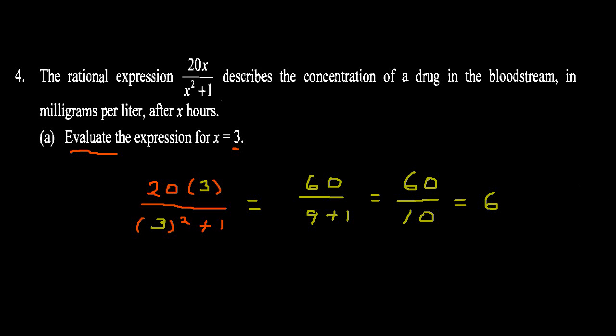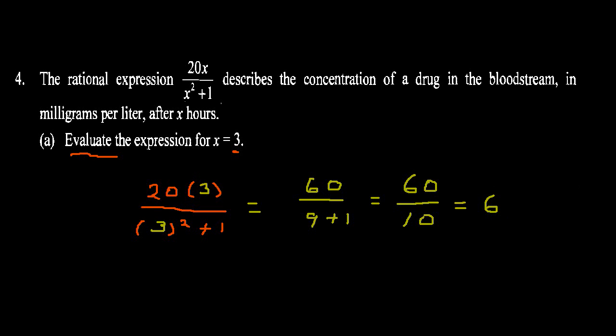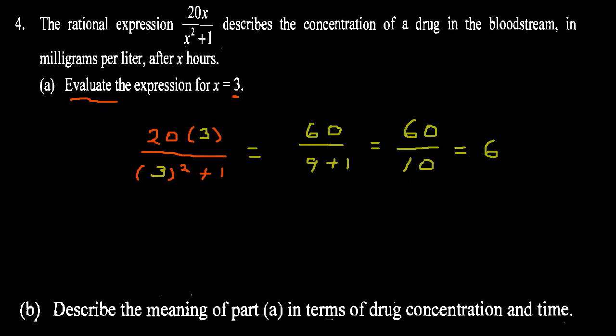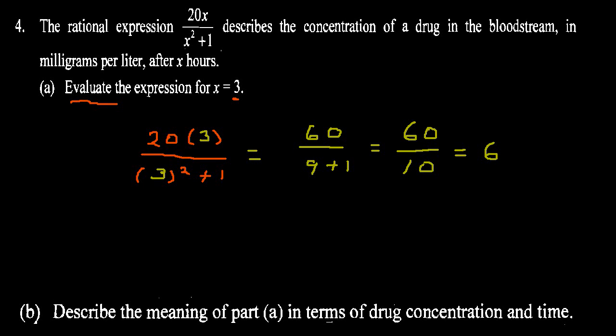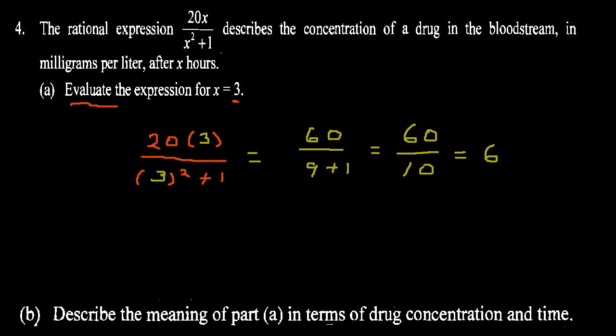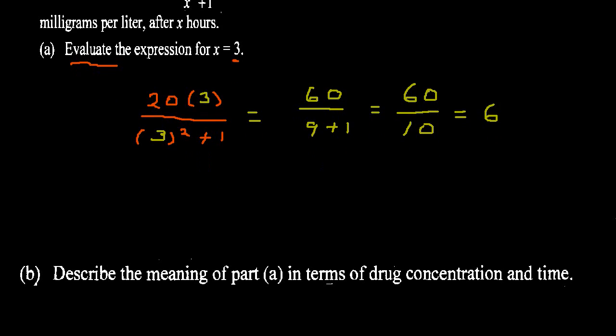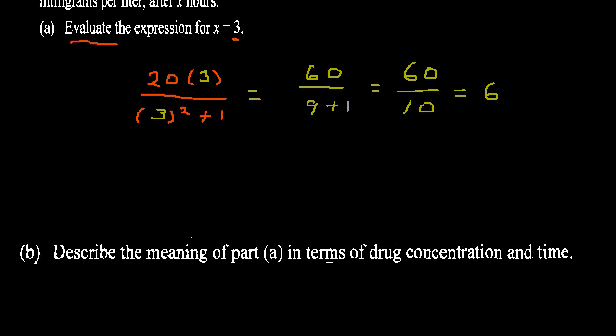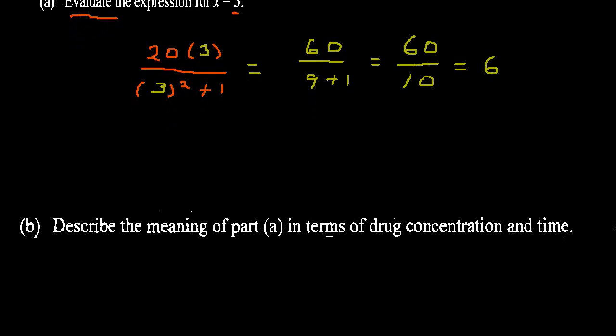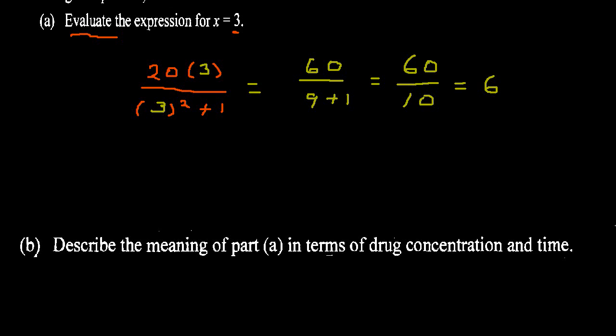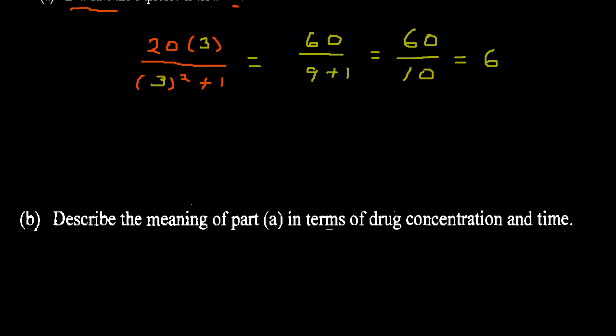Now I haven't put in any units for this, and that's because I already know what part B states down here. It says describe the meaning of part A in terms of drug concentration and time. And so now I'm going to give my answer for part A as a full sentence, and I want to describe the meaning. So let's start with time.